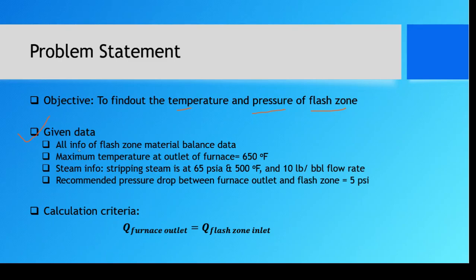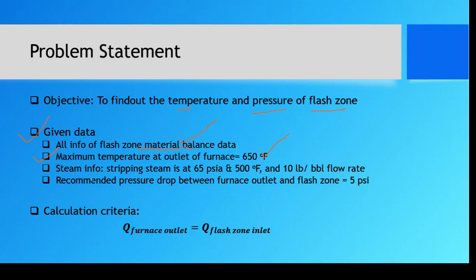The first data is the material balance data that we have already calculated in the material balance section. The second thing that is important is the maximum temperature at the furnace outlet, which is 350 degree Fahrenheit.